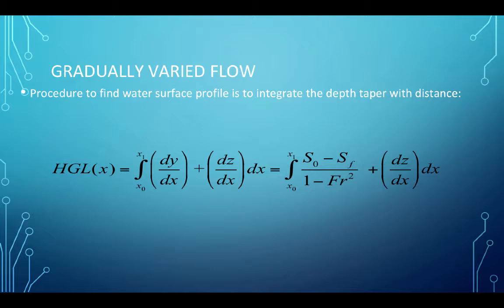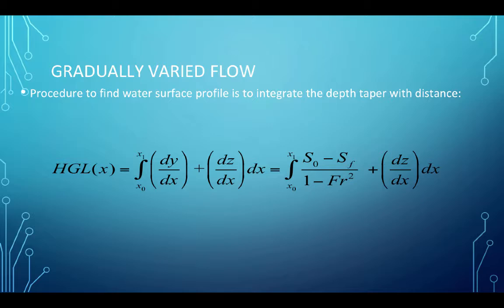So the hydraulic grade line is the integral between two spatial locations of dy/dx, the gradually varied flow equation, plus dz/dx, the position of the bottom, which is equal to the integral from x0 to x1 of (S0 minus S sub f) over (1 minus the Froude number squared) plus dz/dx, all integrated with respect to dx.